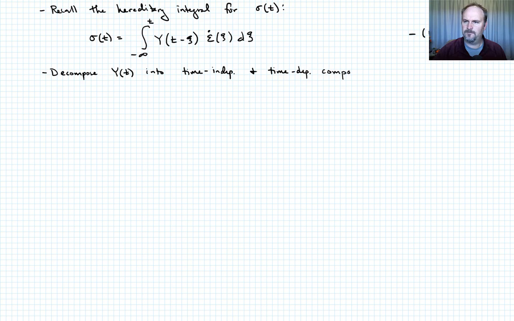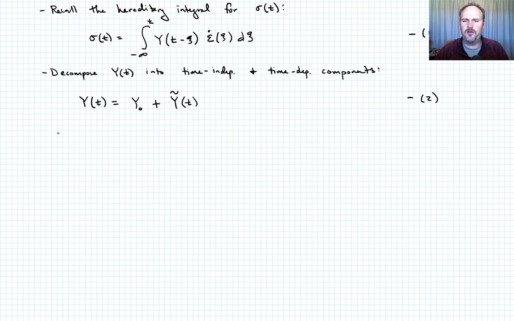So how do we do that? We say that Y of t is going to be some constant value, Y naught, plus, we'll call this second part Y tilde to tell us it's time varying. It'll be a function of t. Okay? Let's call that equation 2. So hopefully this is all pretty straightforward.